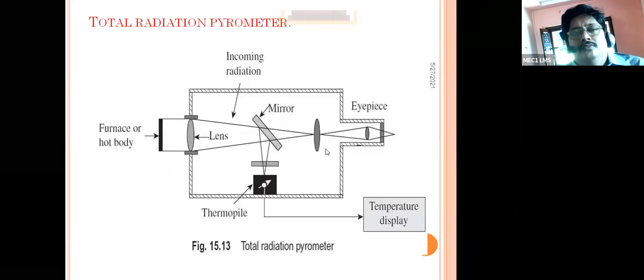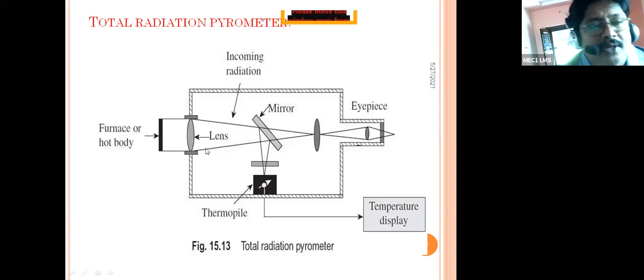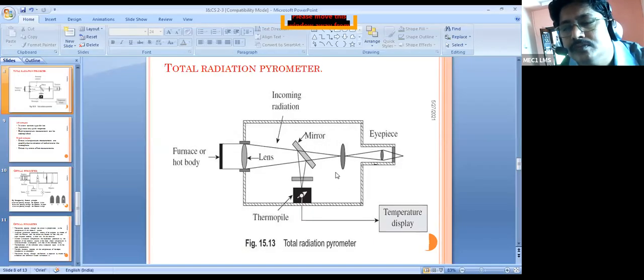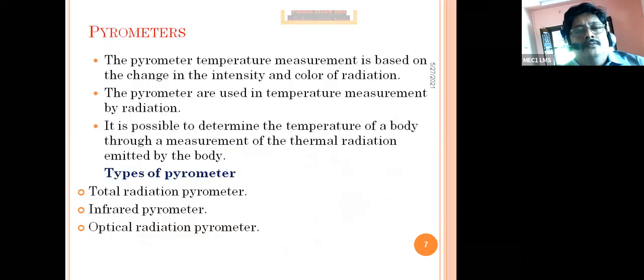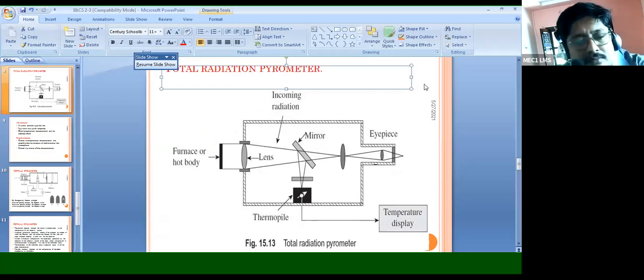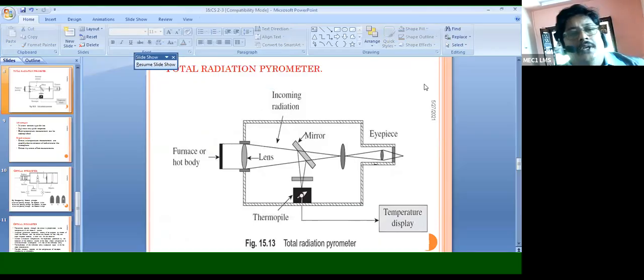Total radiation pyrometer. Here you can observe the total radiation pyrometer.